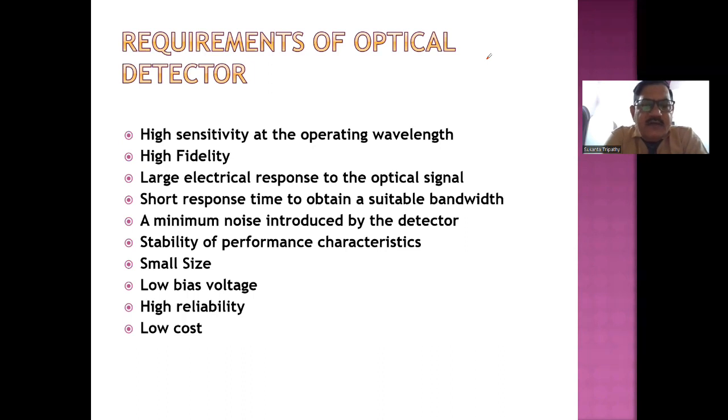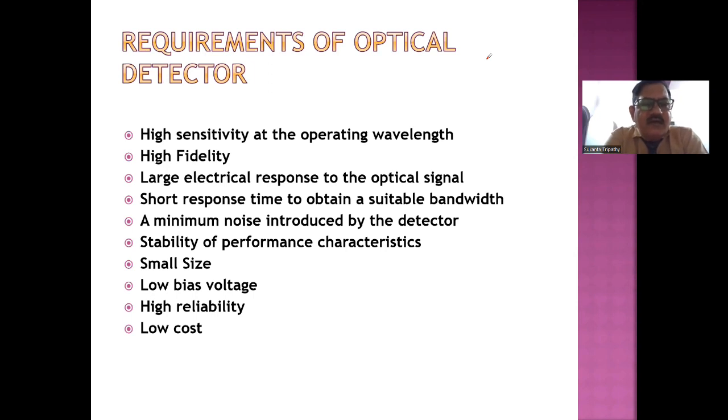For example, a detector which is sensitive to 650 nanometer may not be sensitive to 1300 nanometer. So depending on the wavelength, you have to select the detector. The detector you are using should be very sensitive to the wavelength which you want to detect.